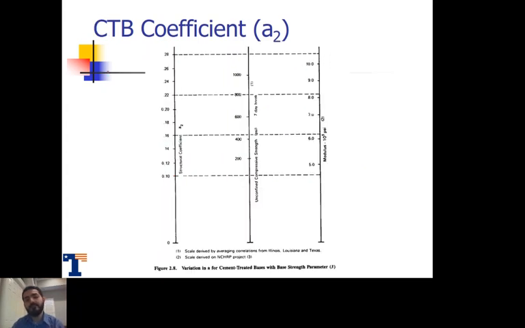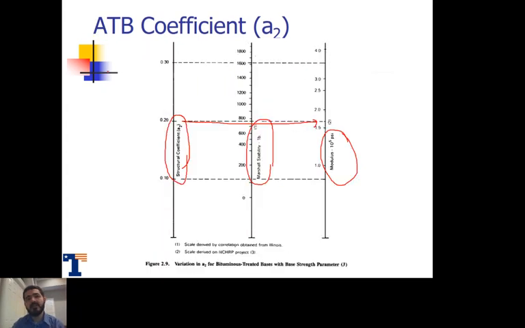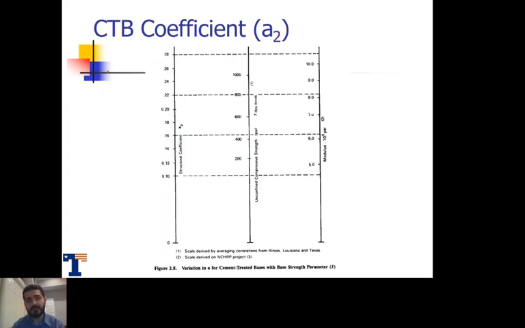This here is ATB, the asphalt treated bases. And this here is CTB, cement treated bases. For cement treated bases, we again have A2, the structural coefficient, versus the modulus in this graph right here.